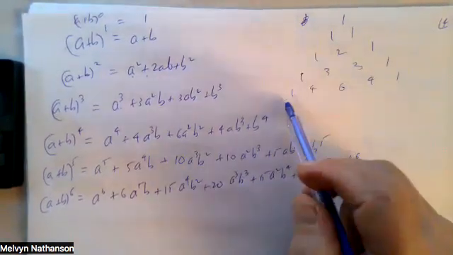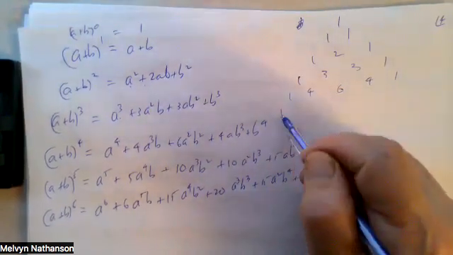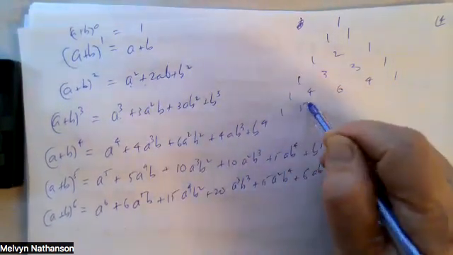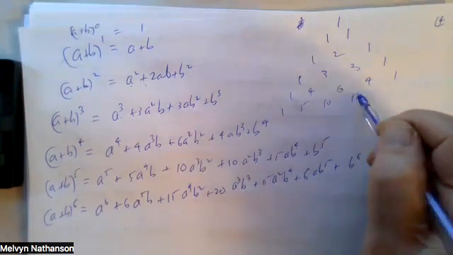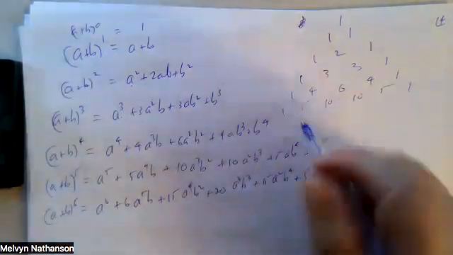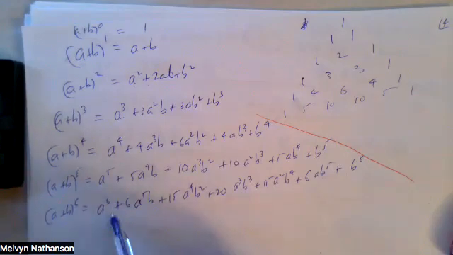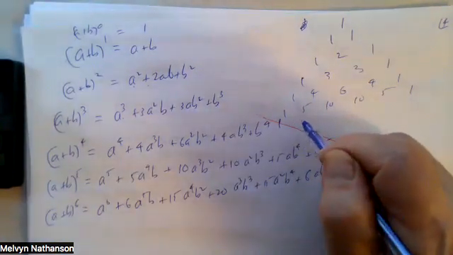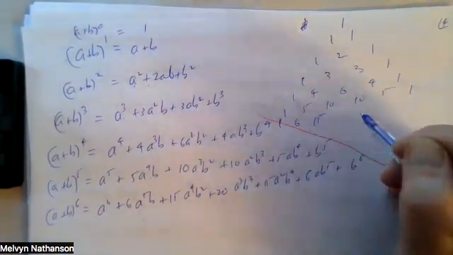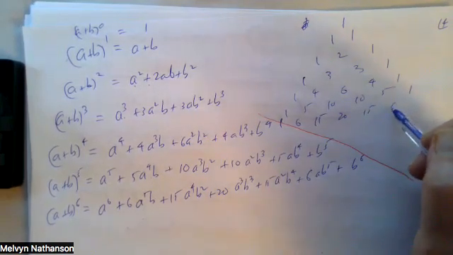You see, they're the same if you read from left to right or right to left. Here I have 1, 5, 10, 10, 5, 1. Here I have 1, 6, 15, 20, 15, 6, 1.